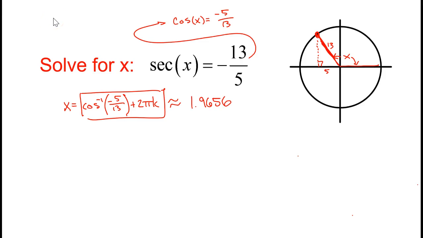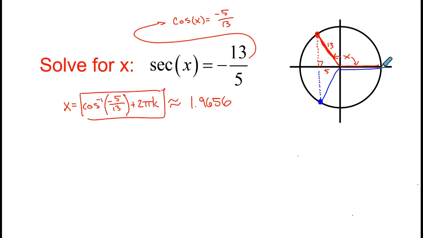But we're not quite done there, folks, because there's another angle whose secant is negative 13 over 5, and that's going to be one down here. So we're also going to have an angle down here in quadrant 3 whose secant ratio is negative 13 over 5, or whose cosine is negative 5/13.